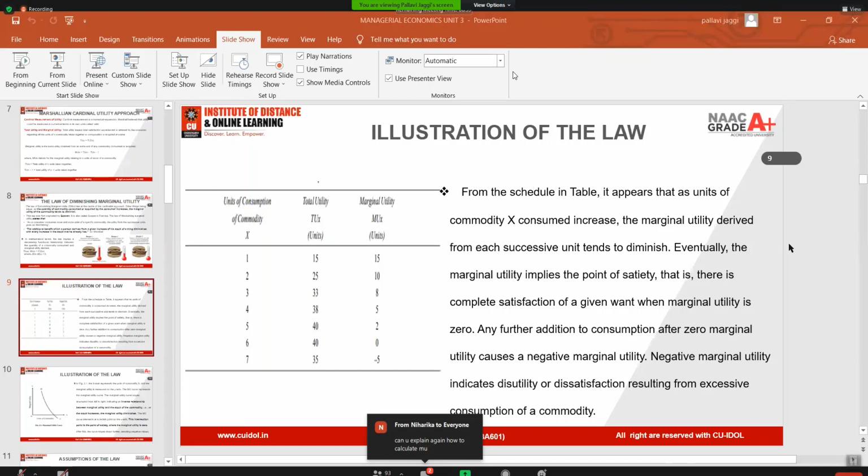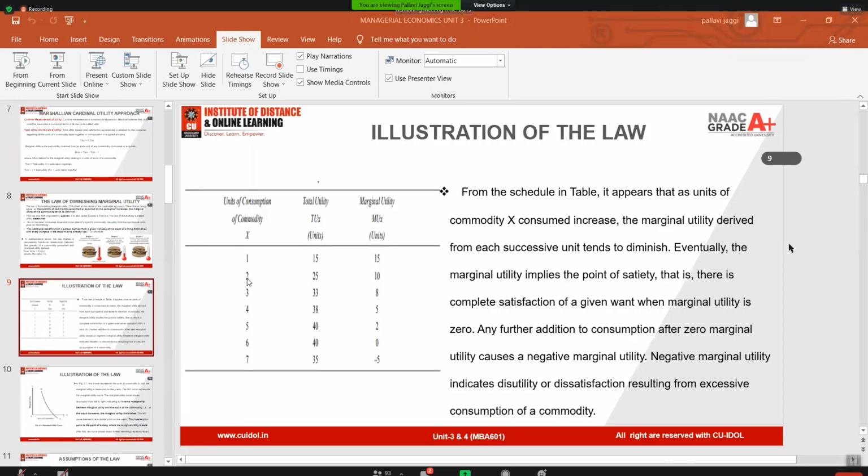See, MU is calculated from the addition in total utility. So you can see in this slide, total utility is increasing from 15 to 25. So how much change is there? There is a change of 10. Right? At the first point, when you're taking 1 unit of a commodity X, you're consuming only one commodity. Then the total satisfaction is 15. Then your marginal utility is also 15. Right? But when your total utility is increasing to 25, there is an addition of 10.